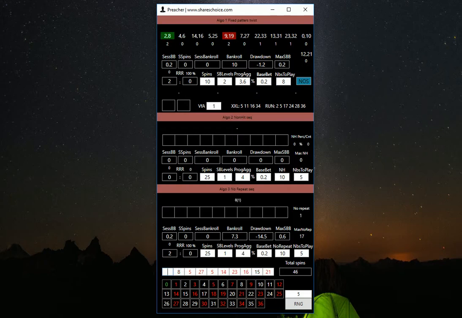So now we will play 2 and 8. If I finish successfully, then you will see the numbers to play, which means fixed patterns to play, is now 8 in red. So whenever one of these numbers, in total 60 numbers, comes, then one of these will be green and we can play. For example, if I now enter 9, you will see this will be green and we should play.